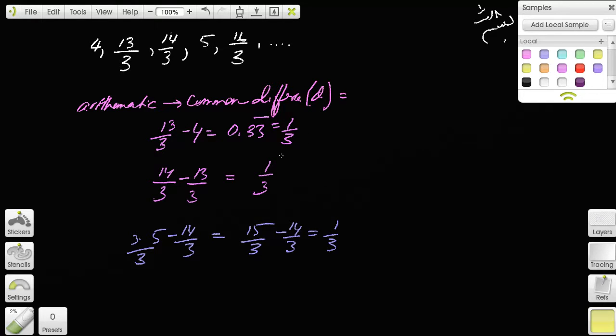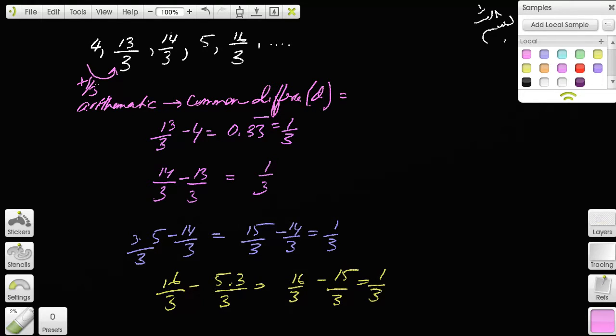That's pretty good, a common difference. How about 16 over 3, just to make sure we're not fooled? That is 16 over 3 minus 15 over 3, which is 1/3. So you can see every time you're adding 1/3.